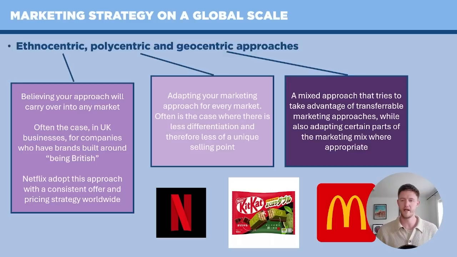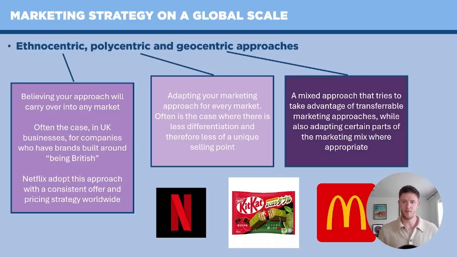So they're not really making customized content specifically just for Asian markets. Whatever they put out is going to be globally on Netflix. So they have that same approach everywhere, which means that they've got quite an ethnocentric approach. That's good in the sense that it allows them to save costs. They don't have to do huge levels of amendments. They don't have to do massive amounts of different marketing for different places.